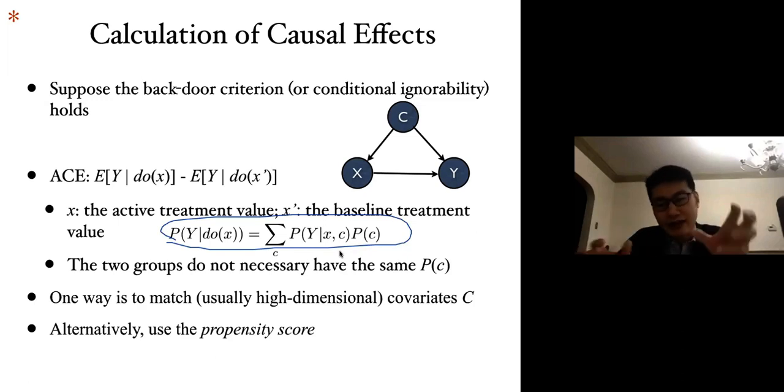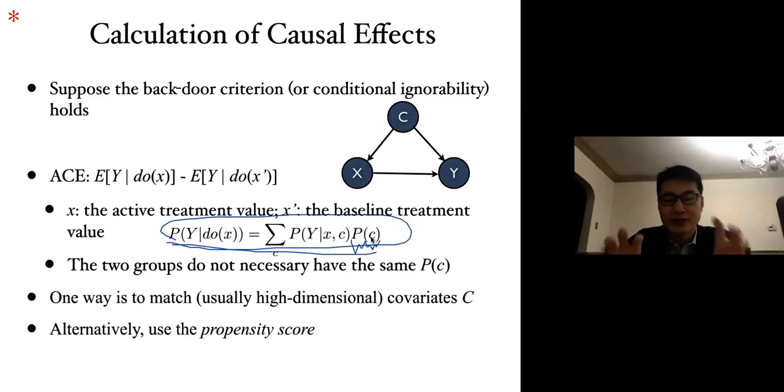You could only discover this conditional distribution from the group. How can you make use of the same distribution across the two groups? The two groups have different values of x, right? In the control group, x might be 0, and in the treatment group, x takes value 1. So you want to calculate this. How can you do this?